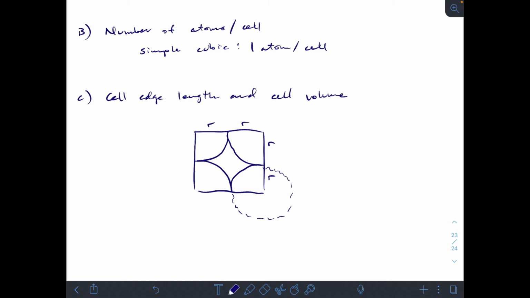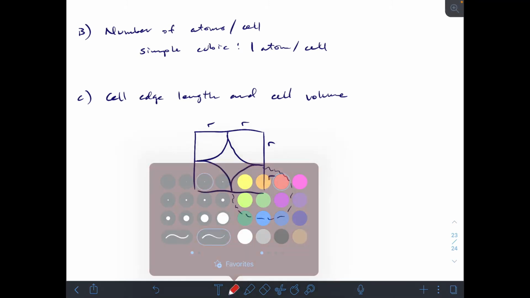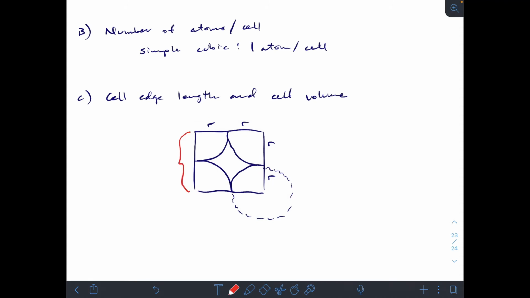So my edge cell length in this case will be 2 times r, 2 times the atomic radius.